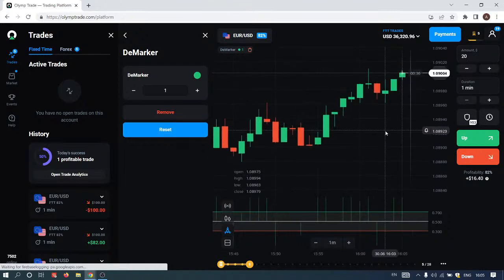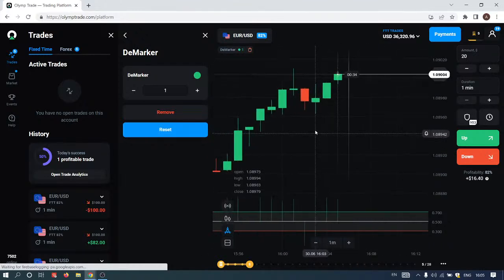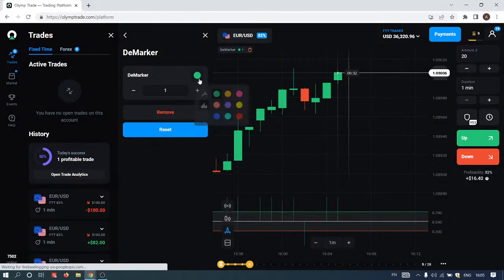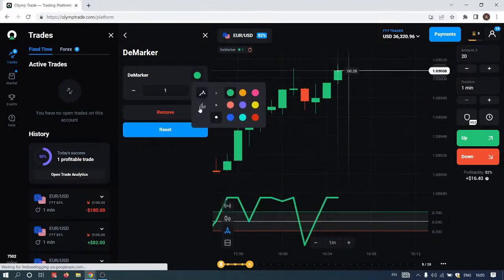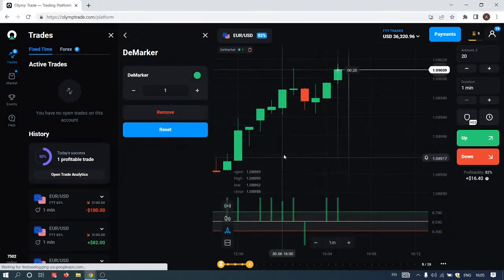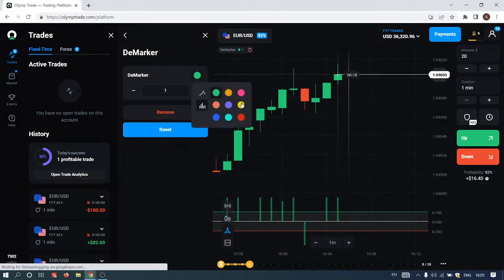Now, in order to use this strategy, that's how you adjust thickness. You go here, adjust thickness, and okay, it's visible enough. Or we can make it blue, the most visible one.